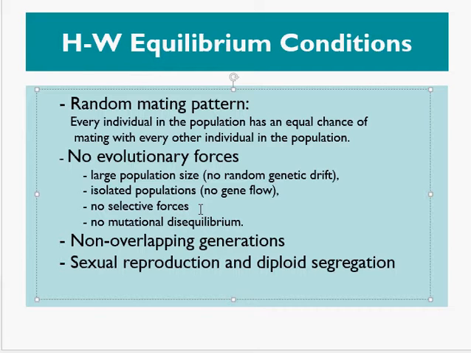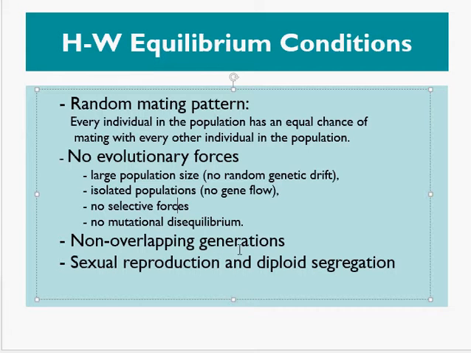And there are no new alleles being added through mutational disequilibrium. Also, there is non-overlapping generation. So to keep things nice and discrete, each generation produces the next generation and then no longer participates in any future breeding or contributions to the next generation. That is okay in short-lived organisms, but in long-lived organisms, obviously, that will tend to be violated.